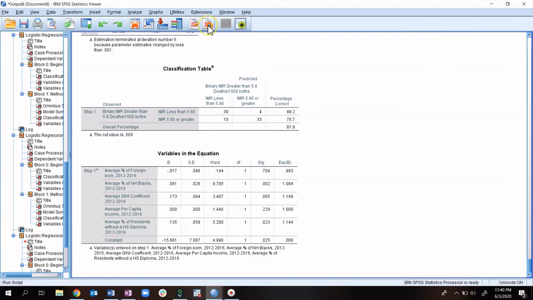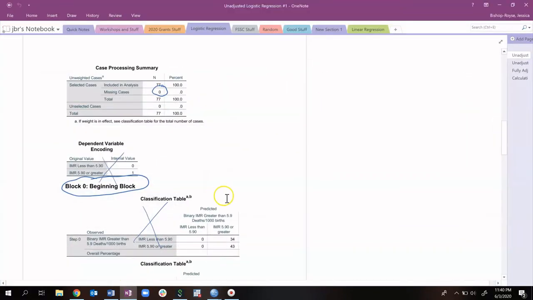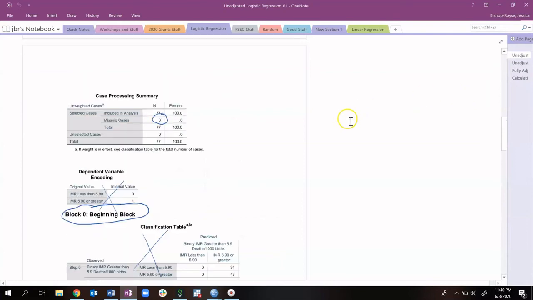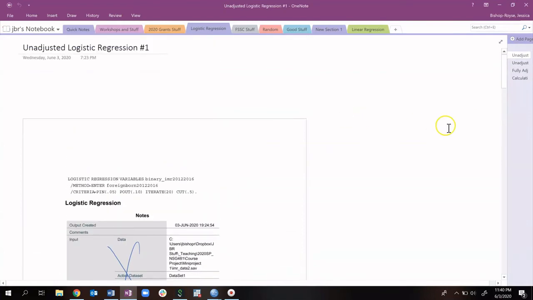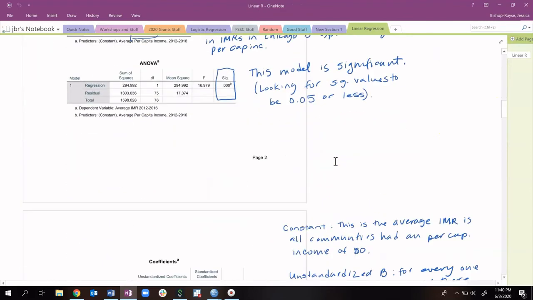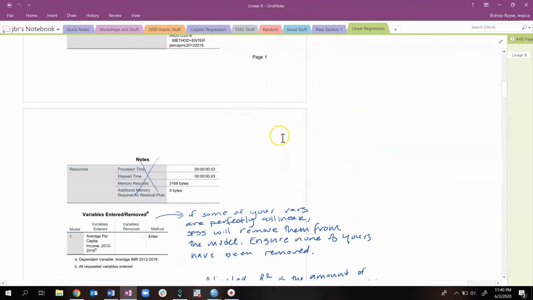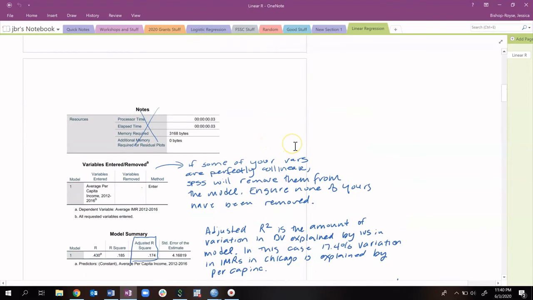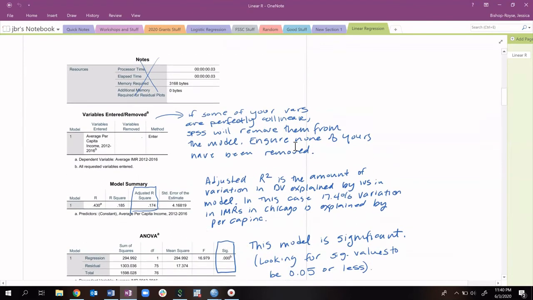Okay, so we're going to go to my OneNote document. And let's have a look at linear regression. So this document, you'll have a PDF. This is what you'll see in the course module.